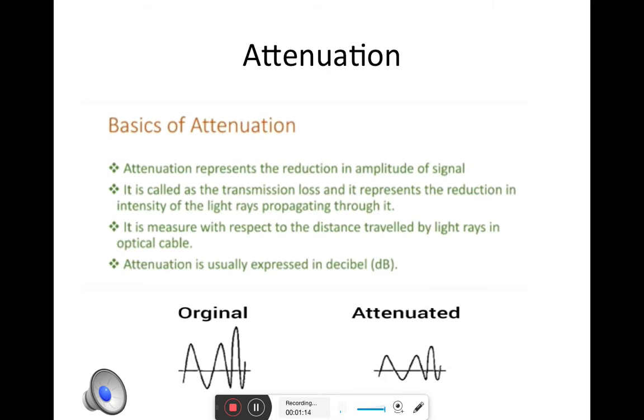Attenuation is basically a transmission loss, the loss that happens when a signal is being transmitted from a transmitter to a receiver over a particular distance. Attenuation brings out a difference in intensity or a reduction in amplitude of the signal, as you can see from the figure, and attenuation is expressed in decibels.